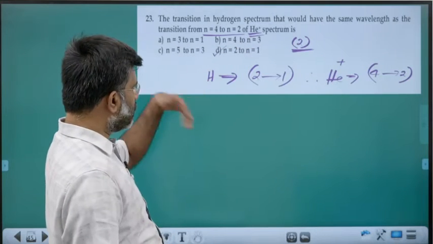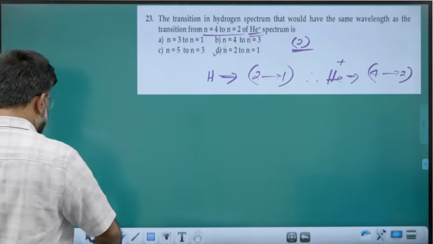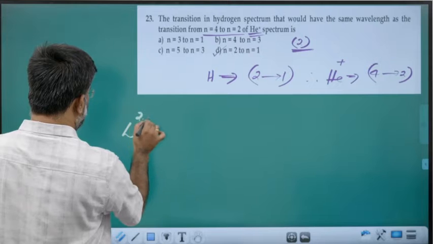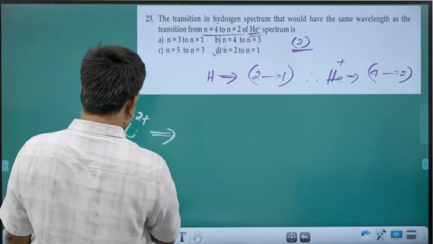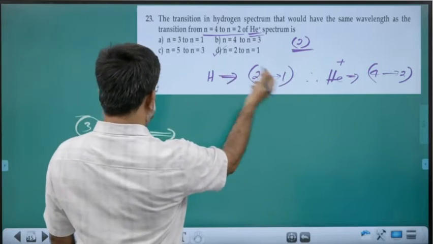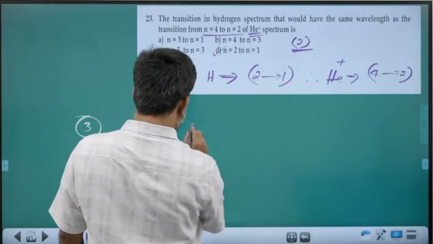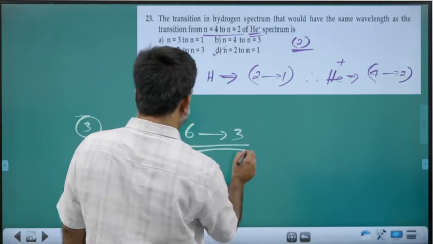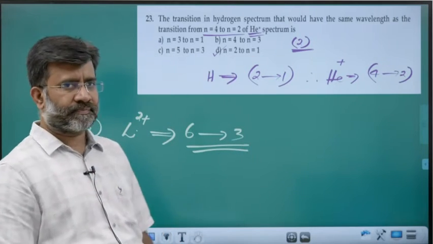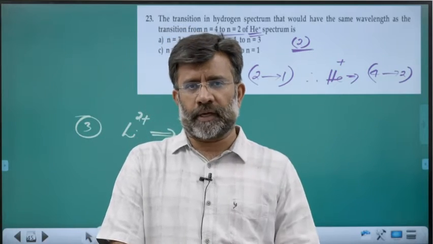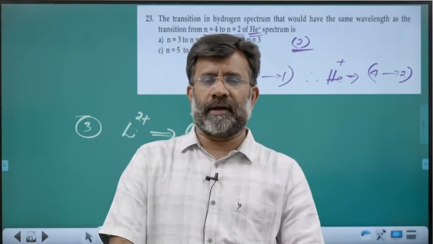Suppose the same transition you want to find for lithium 2 plus. What you can do? The atomic number of lithium is 3. Multiply this transition with 3. 3 into 2, 6; 3 into 1, 3. The 6 to 3 transition will be similar to this. So to find the identical transition, you can compare with hydrogen.